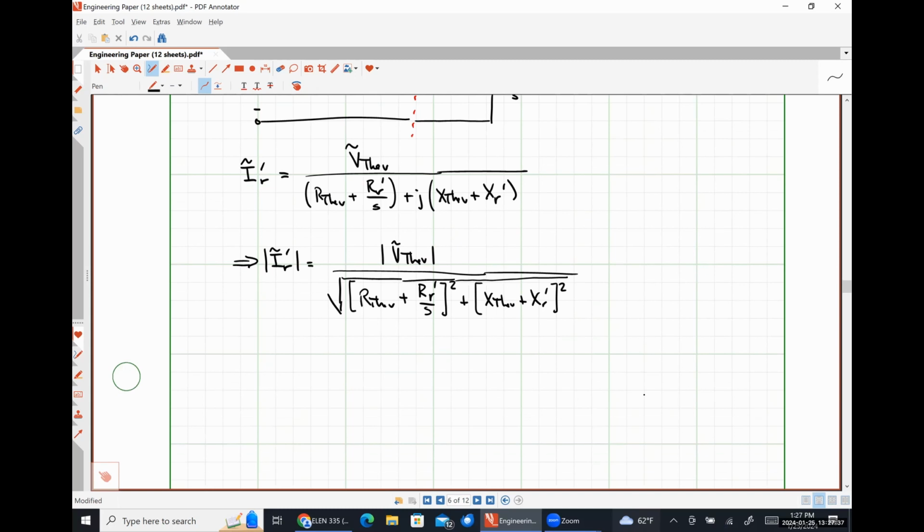From here, we can now define our rotor power because we know what the magnitude of IR is, right?